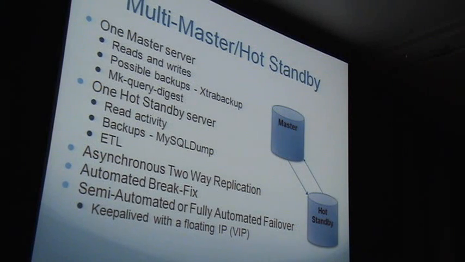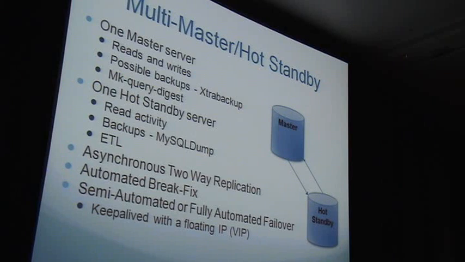So multi-master hot standby is my absolute favorite. It's bidirectional replication. One master server does reads and writes. You have possible backups. I use the community version of InnoDB Hot Backup, which is now Enterprise Backup, which is called XtraBackup. And mk-query-digest is something I also use, and that actually keeps the passive slave a hot standby.